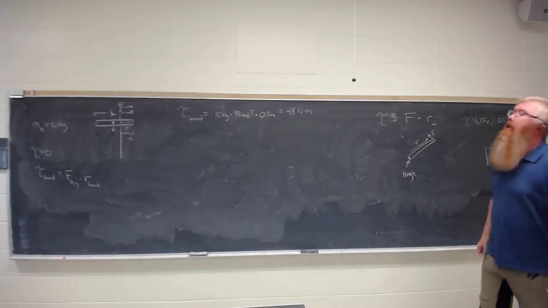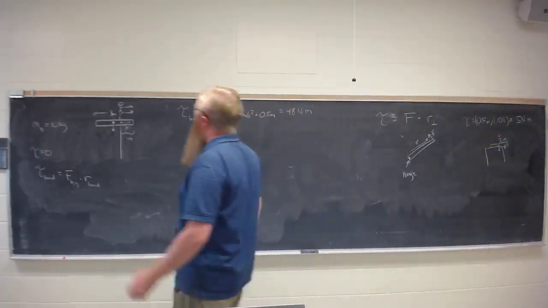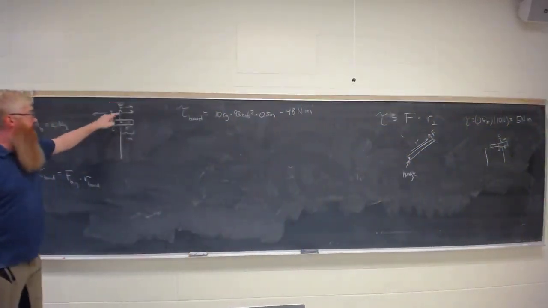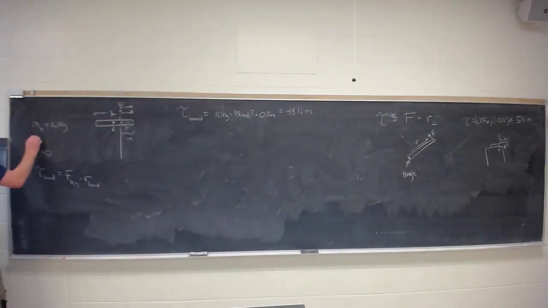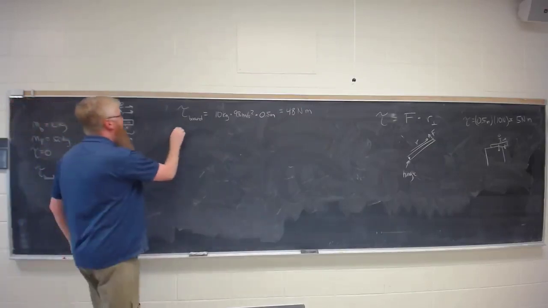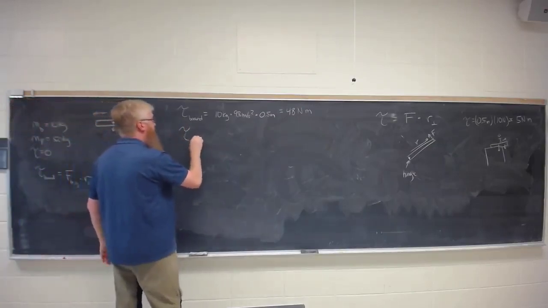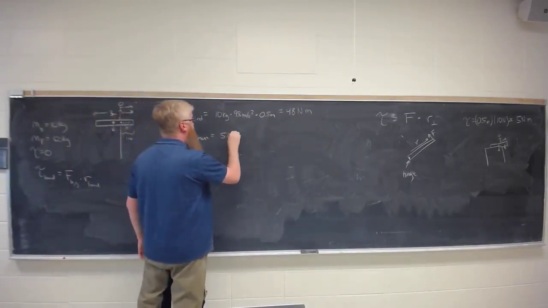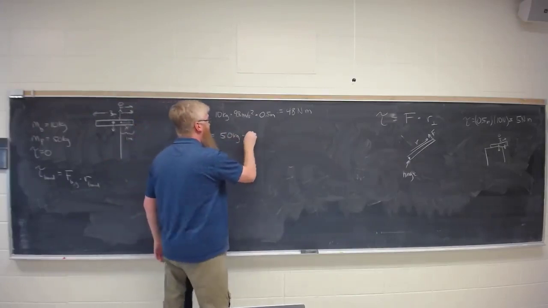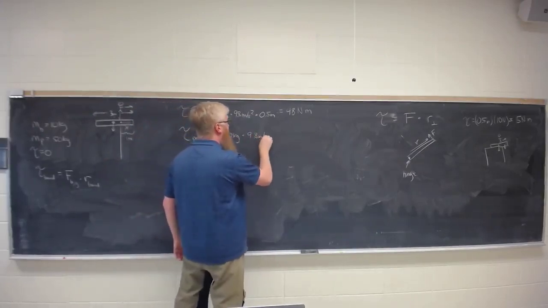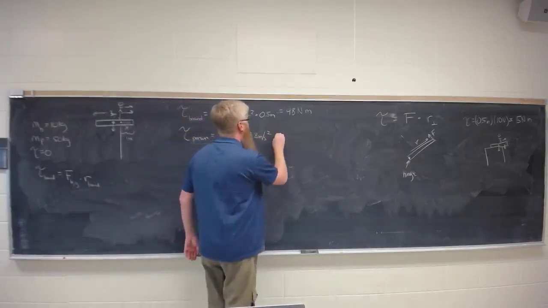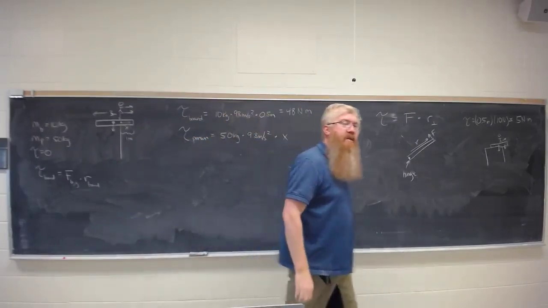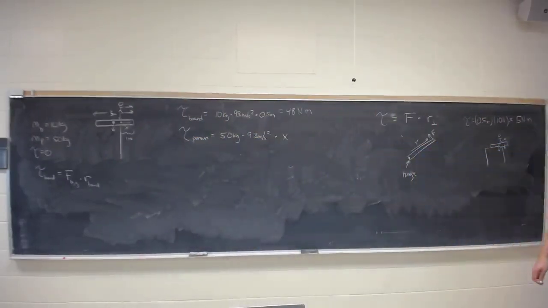Yep. So that has to balance the torque from the person. Let's say the person is 50 kilograms. The torque from the person is equal to the mass of the person, 50 kilograms, times 9.8 meters per second squared, because it's gravity, that's the force of gravity, times x, where x is the distance to the right of that pivot point.